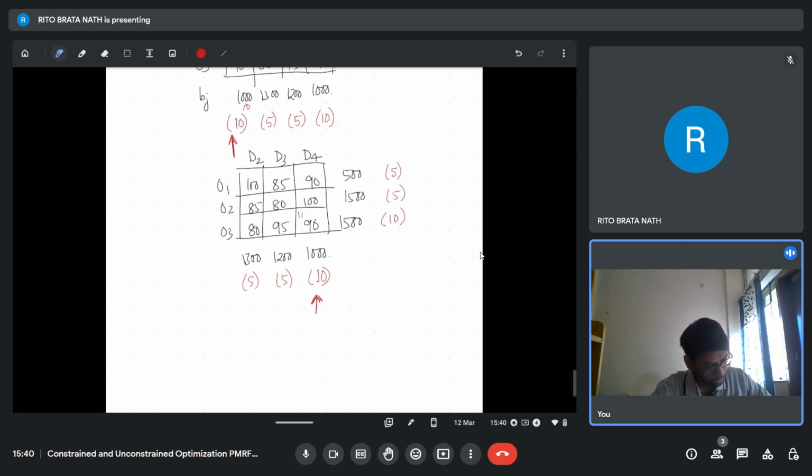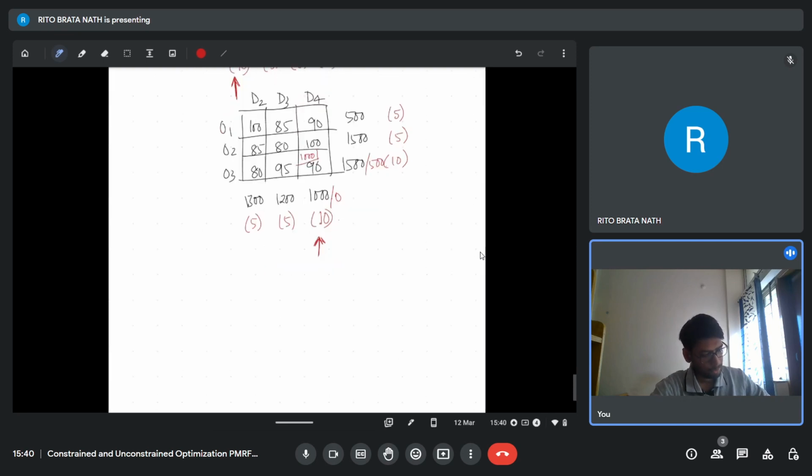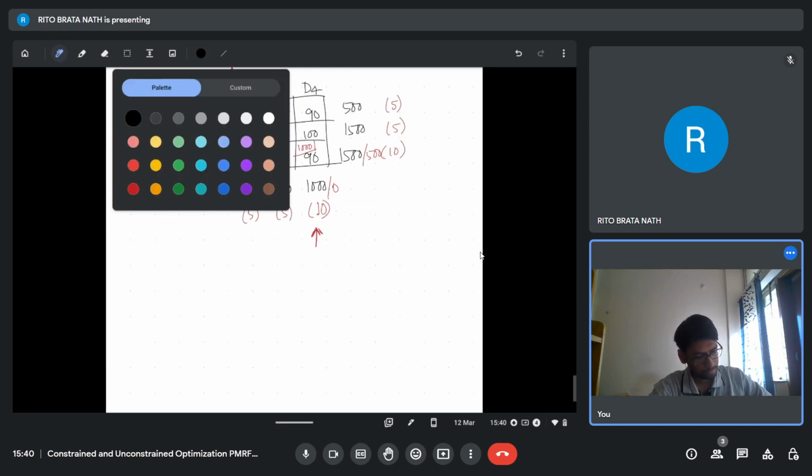So here you can allocate the entire 1000, but if you had picked this one, you probably would have done 500 only. So now that's good news, and this column can be deleted. Okay, so let me write down the next step.